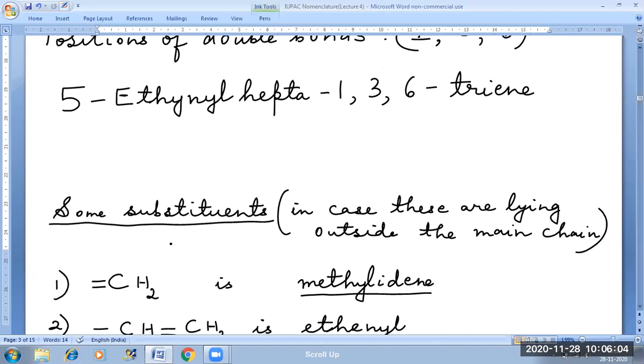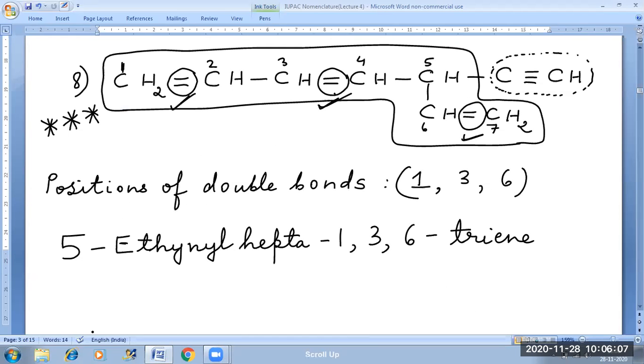Okay. So the eighth one is clear. Anybody wants any explanation in the eighth one? So the substituents. Any doubt in the eighth one?